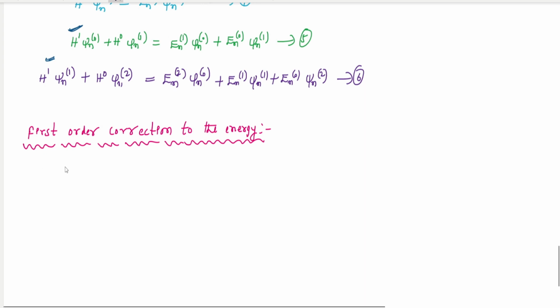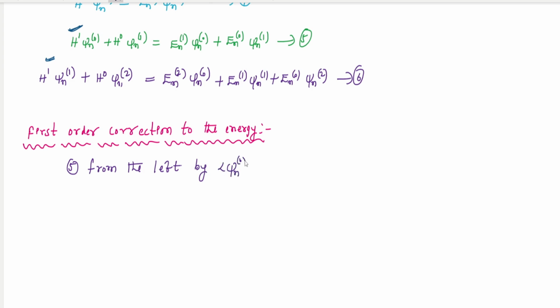Multiply equation number 5 from the left side by the bra vector. Be careful, don't change these operators in whatever we write. These are the operators, right?